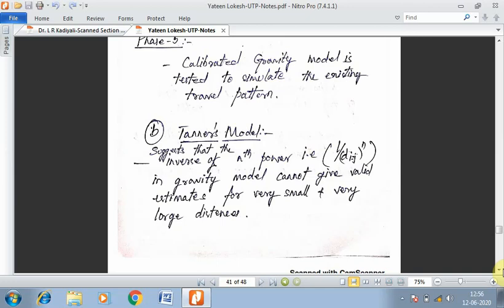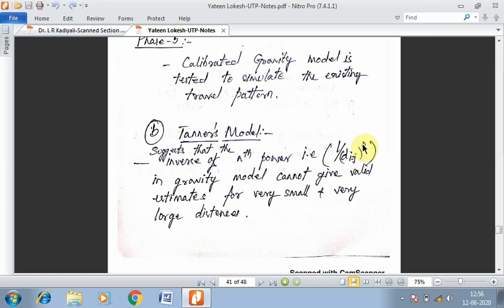So Tanner's model suggests the inverse of the nth power, that is 1 divided by dij raised to n. This is the spatial separation, as we have already discussed in the previous videos. If you remember, in the gravity model the general equation has dij raised to n in the denominator.